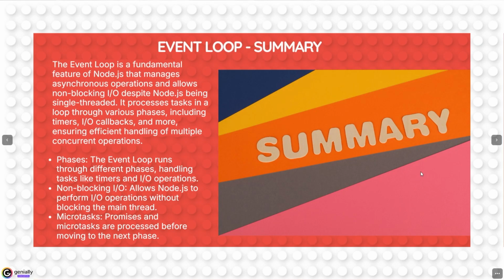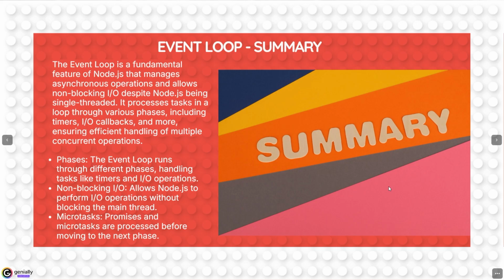As a summary, the event loop is a fundamental feature of Node.js that manages asynchronous operations and allows non-blocking I/O despite Node.js being single-threaded. It processes tasks in a loop through various phases, including timers, I/O callbacks, and more, ensuring efficient handling of multiple concurrent operations.